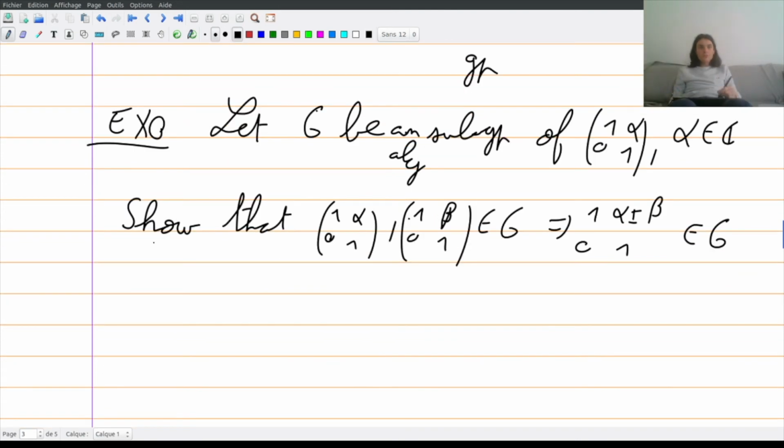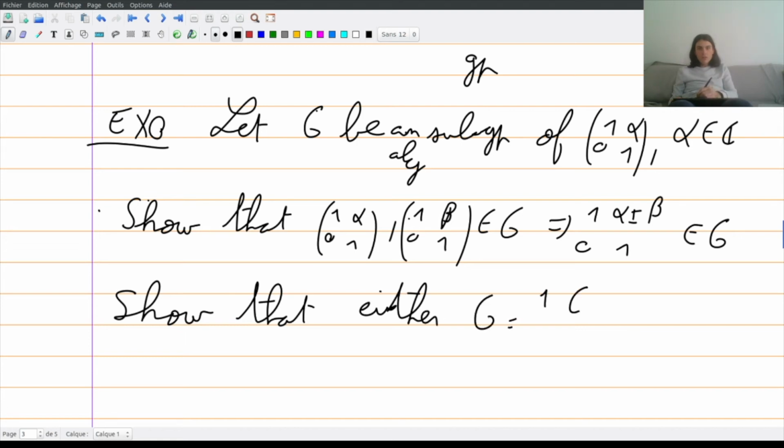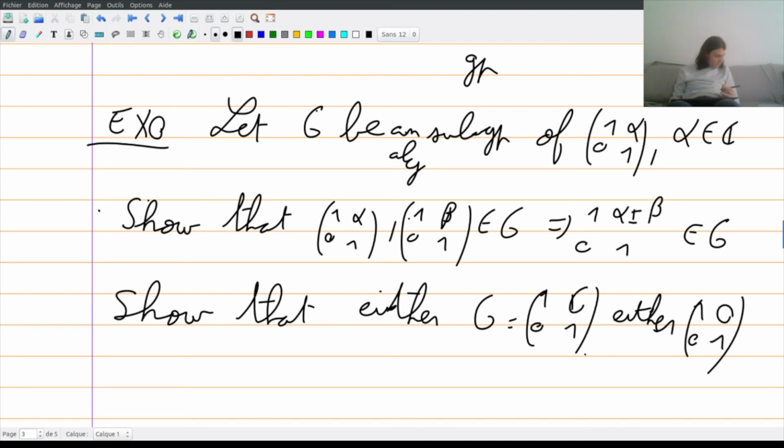And furthermore, show that either J equals the entire additive group, so it's a structure of additive group, or J is just the identity matrix, so the group with one element.